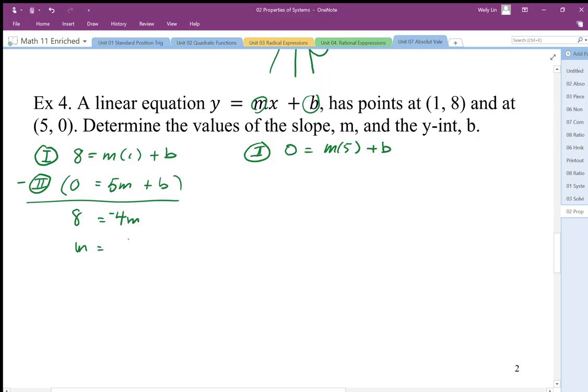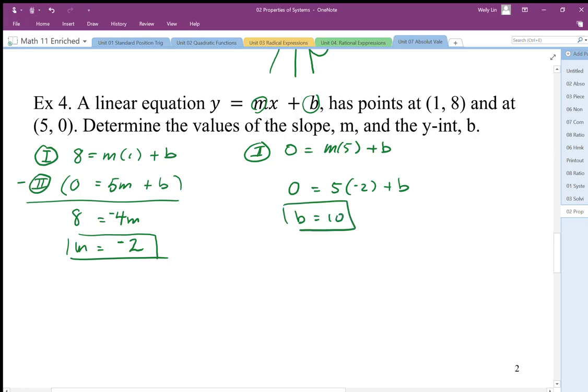Solve for m. I'm going to divide by negative 4. I get my slope is negative 2. And solving for my y-intercept, I can just plug it back into one of the equations. My slope is negative 2 plus b looks like b is equal to 10.